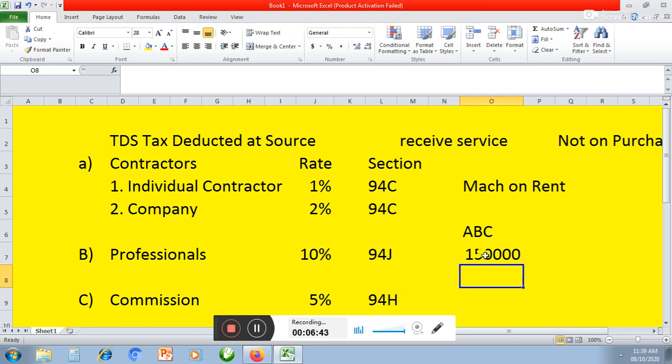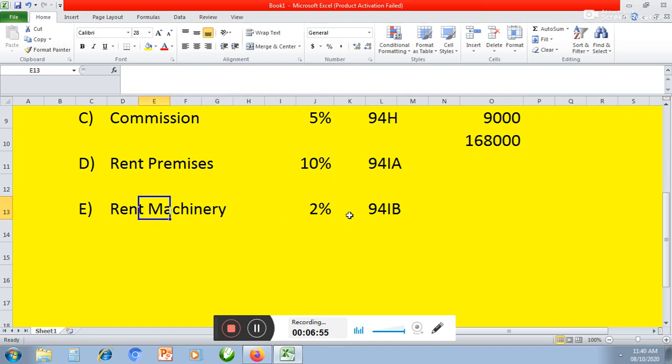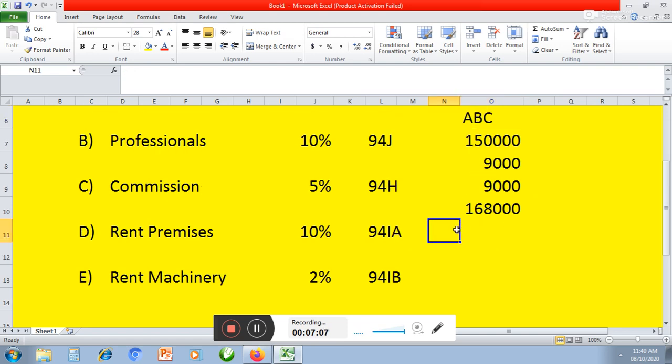Suppose he gave me a bill with 9,000 CGST and SGST, total bill 1,68,000. On machinery, 2% TDS will be deducted. If I receive the service from ABC company, I have to deduct the TDS. 2% will be deducted only on the service, not on the tax. What is 2% of 1,50,000?